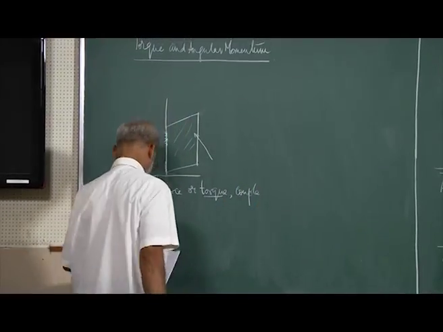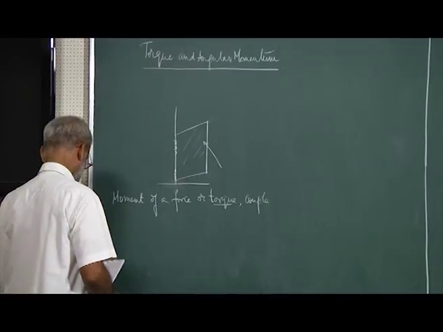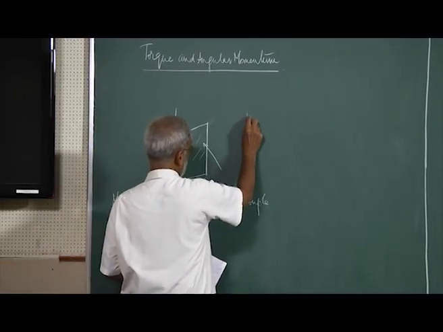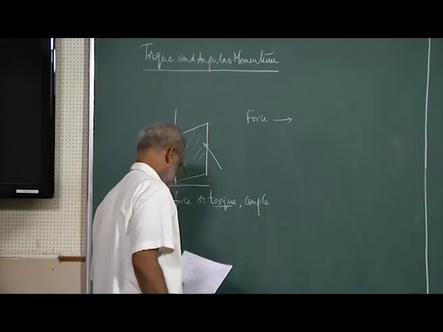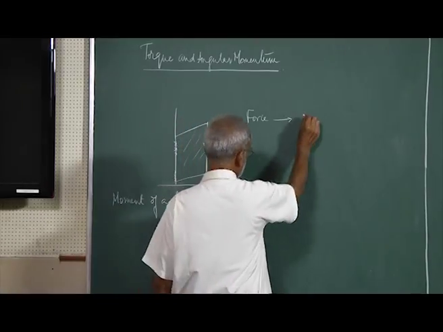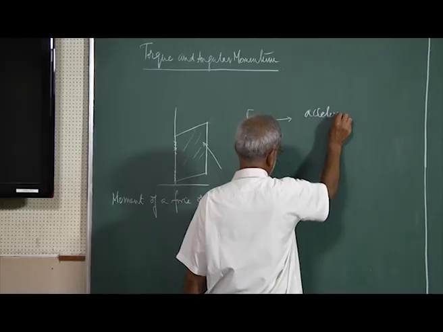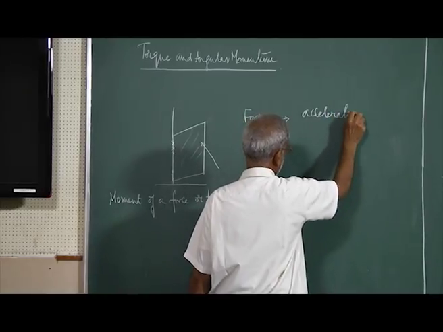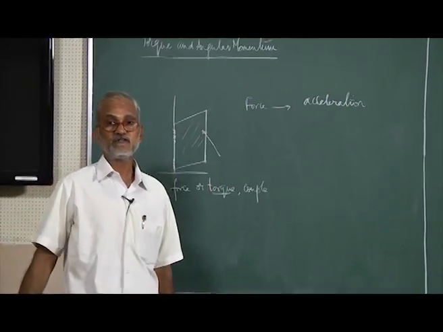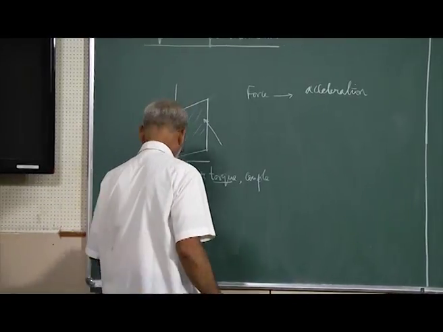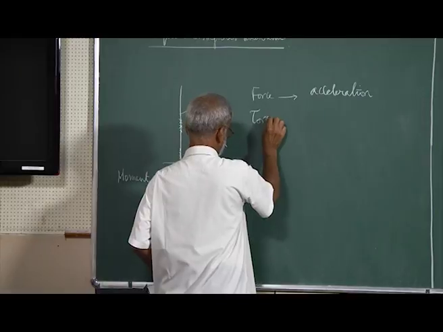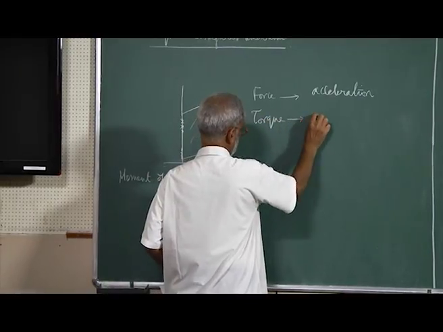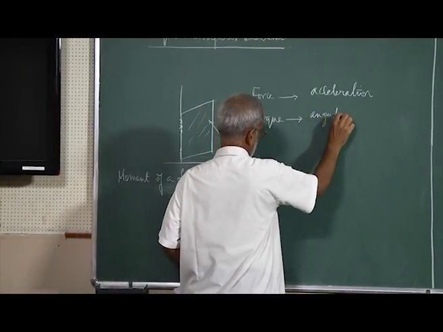We will see what it is. And so just like a force can produce acceleration on a body, it is the force that is responsible for causing acceleration of a body, a torque can cause angular acceleration.